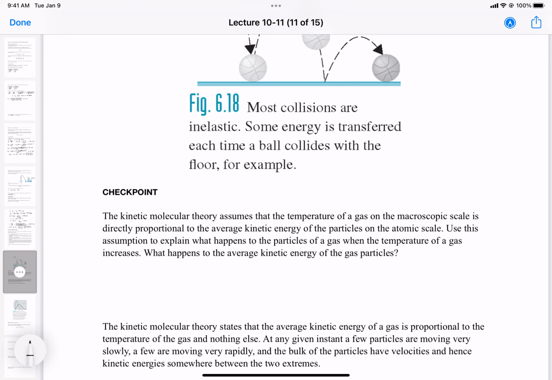Okay. So when the temperature of a gas increases, we have more energy. So when we have more energy, the speed of the particles will increase.